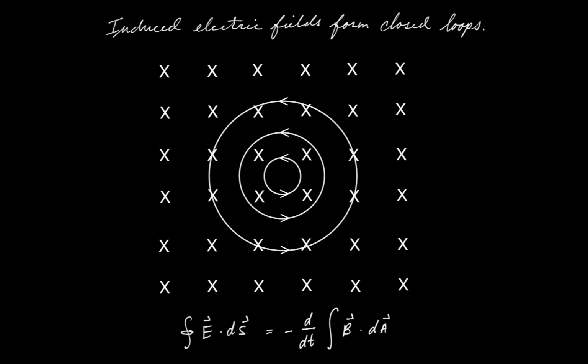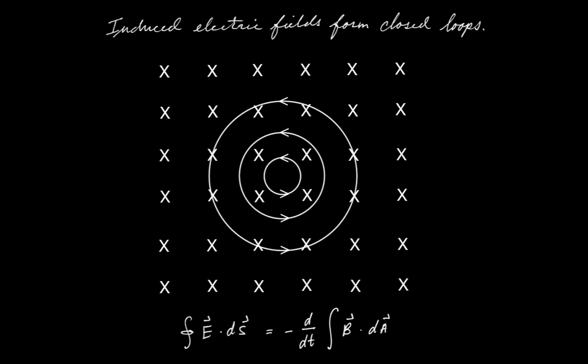Therefore, if I choose an Amperian loop in the plane of the screen, in particular a circular Amperian loop, what I would discover is that some of this magnetic field fluxes that loop. And since the magnitude of the magnetic field is changing, that means that flux is changing in time. The changing flux in time induces EMF.